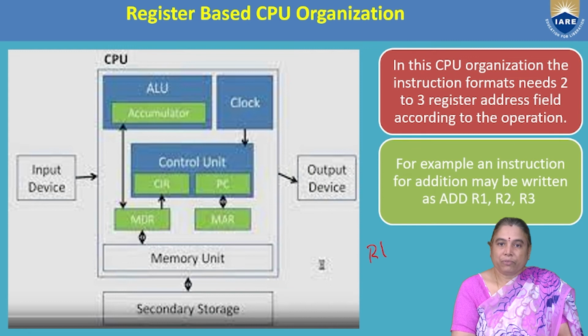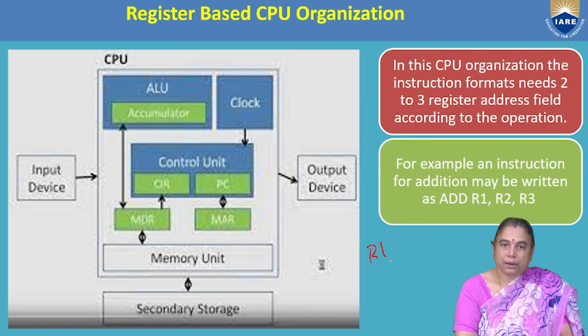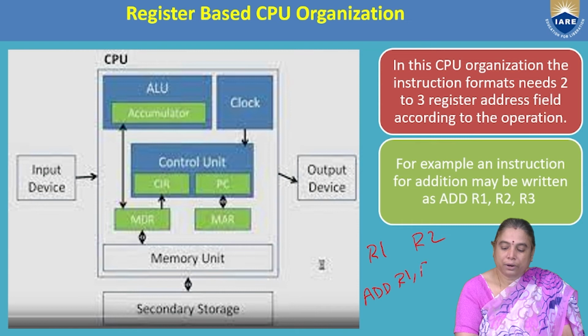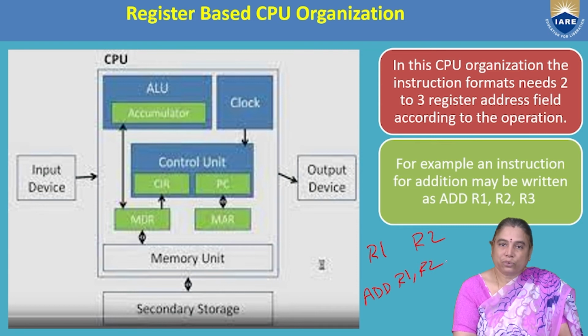If you want to perform addition of two numbers, the first number is stored in R1 and the second number is stored in R2. We can apply the arithmetic operation ADD R1, R2. The operands are stored in the registers, the first and second numbers are added, and the sum is stored in the register R1.